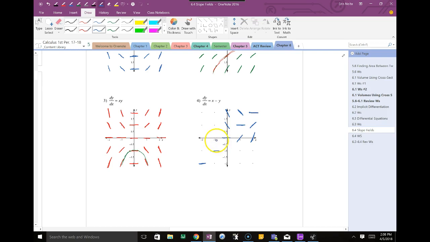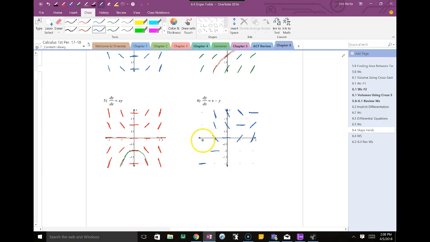Okay, let's try the point negative 1, 0. Negative 1 minus 0 is negative 1. Okay, at the point negative 1, 1, negative 1 minus 1 is negative 2. At the point negative 1, 2, negative 1 minus 2 would be negative 3.